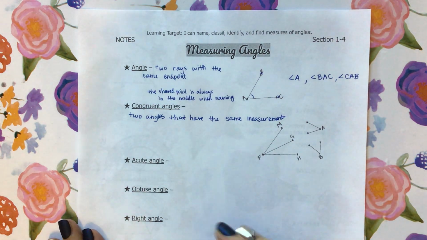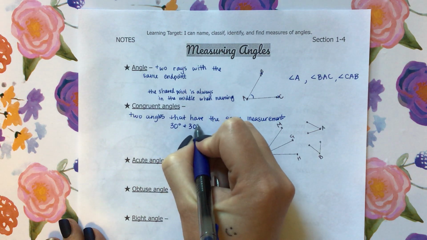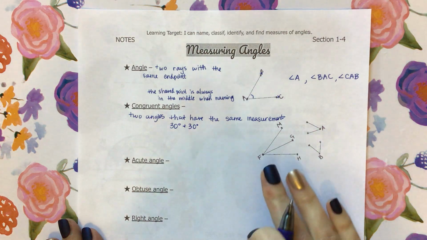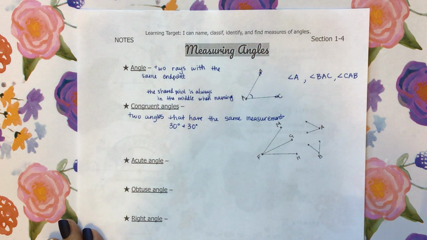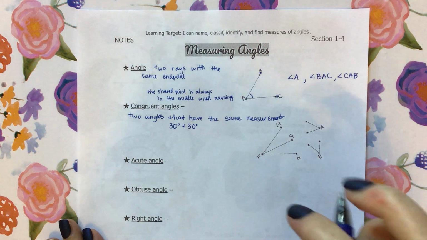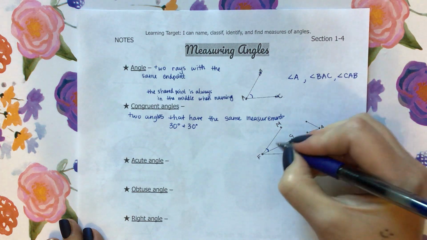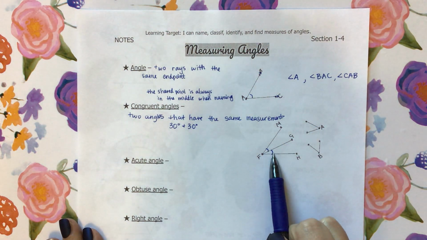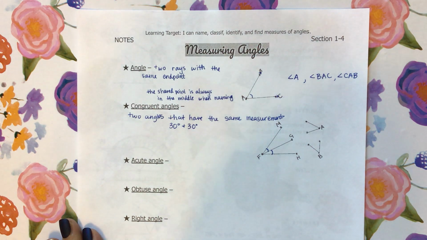So an example might be like 30 degrees and 30 degrees. Okay, when we are denoting congruent angles, just like the tick marks with lines, we use kind of arch bends with this. So we can say this angle is congruent to this angle. I try to make them not be completely lined up so you can tell that there are two different sections that I'm trying to mark.